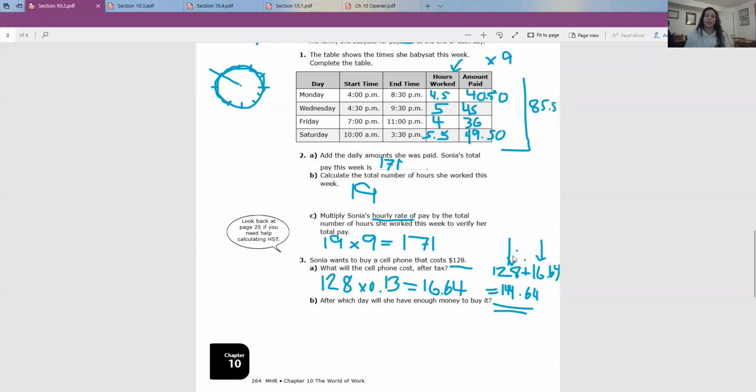She doesn't have enough yet. If I add my $36, I'm still only at about $121.50. She still doesn't have enough. She actually has to work the full day on Saturday in order to get it. So she has to work the full week in order to buy this particular phone.